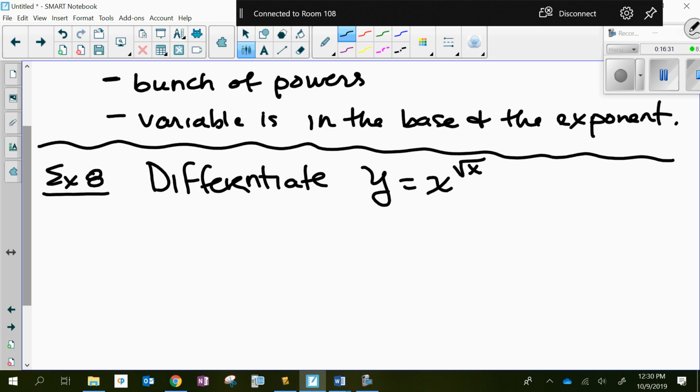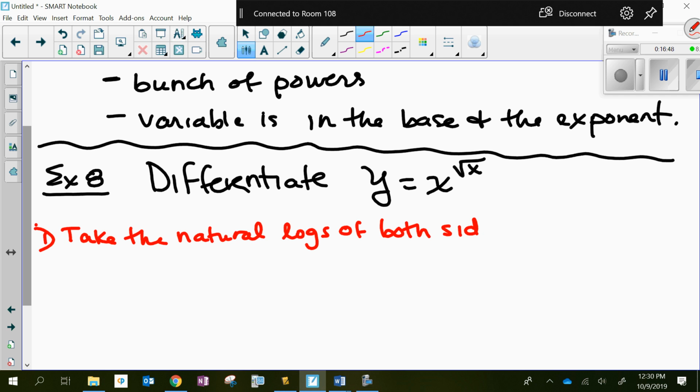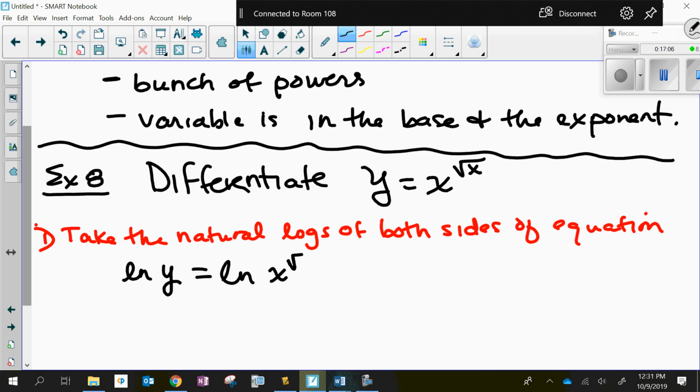The first step in logarithmic differentiation is to take the natural logs of both sides of the equation. So that gives us ln y equals ln x to the radical x.